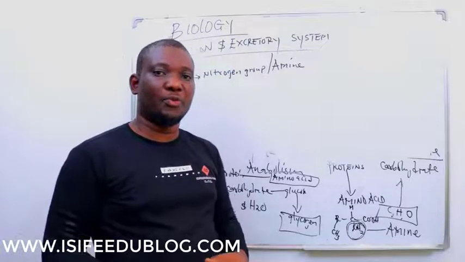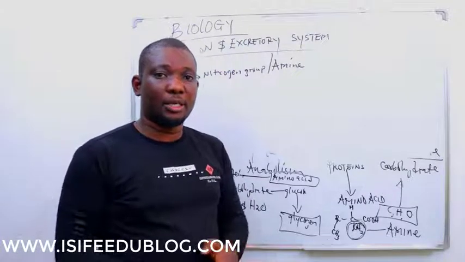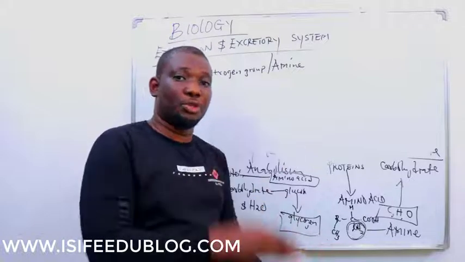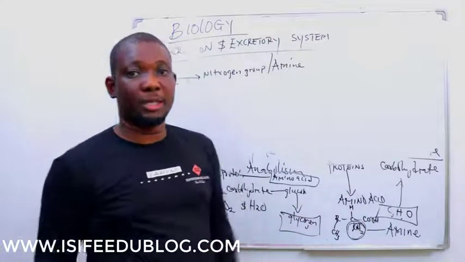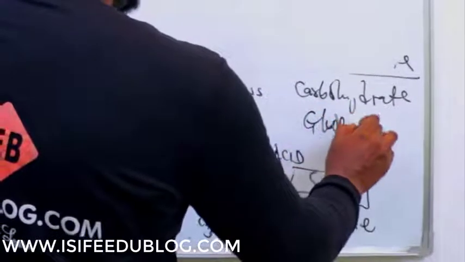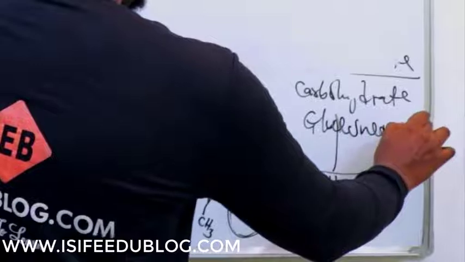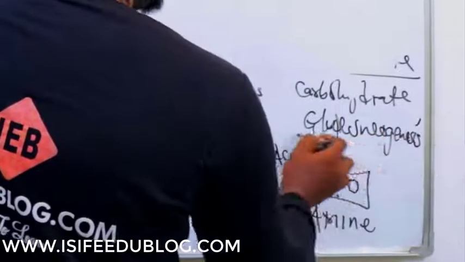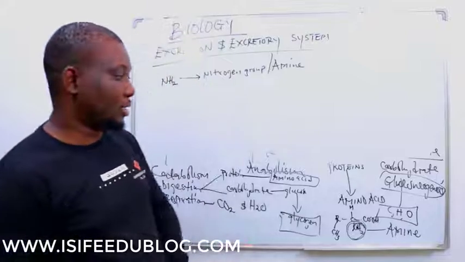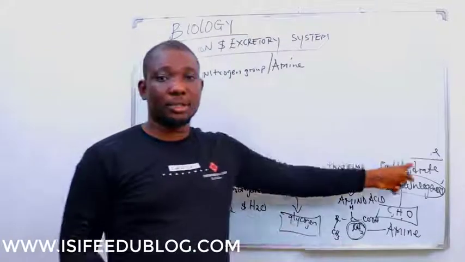The process of converting a non-sugar to sugar, protein being a non-sugar, into a carbohydrate, is called gluconeogenesis. What is gluconeogenesis? Gluconeogenesis is the synthesis of carbohydrates.